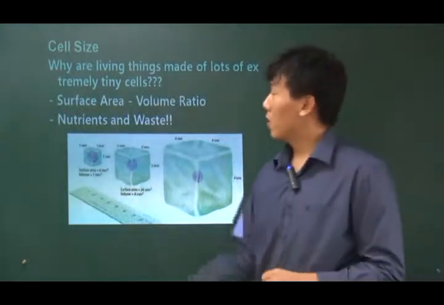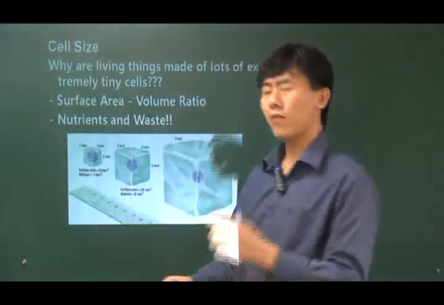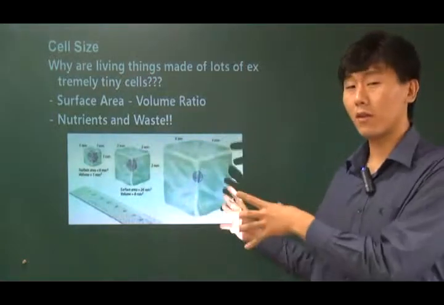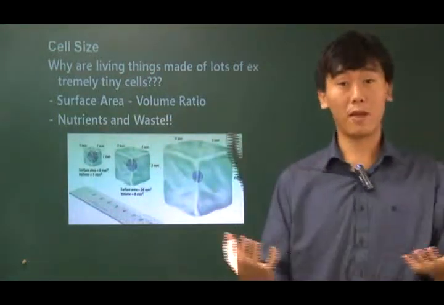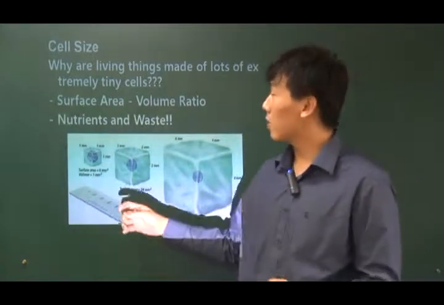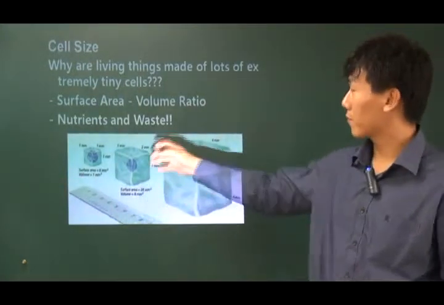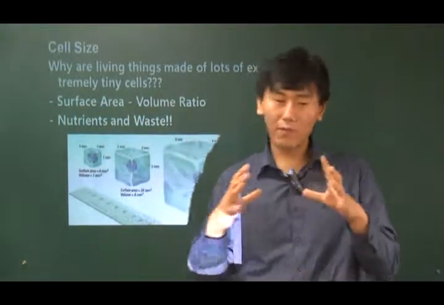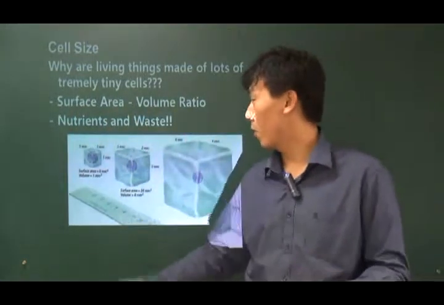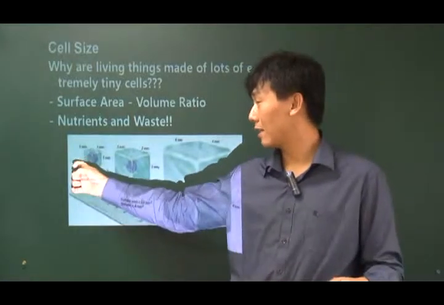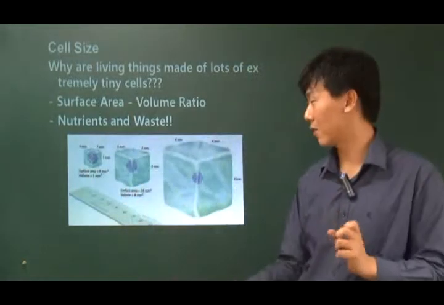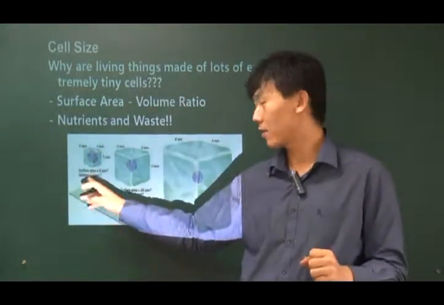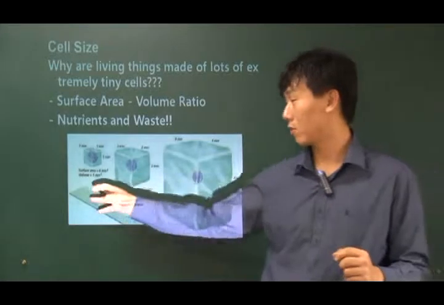Okay, so when we're looking at cells, they're very tiny. You would imagine, okay, if the cell can do a lot of different things, why can't we just be made up of one cell? Well, the main thing is the surface area to volume ratio has to be right. Because as you see in the picture below, if we have a tiny cell, we're assuming that a cell is like a cube, if they're all 1 millimeter inside, then the surface area is 6 millimeters and the volume is 1 millimeter.